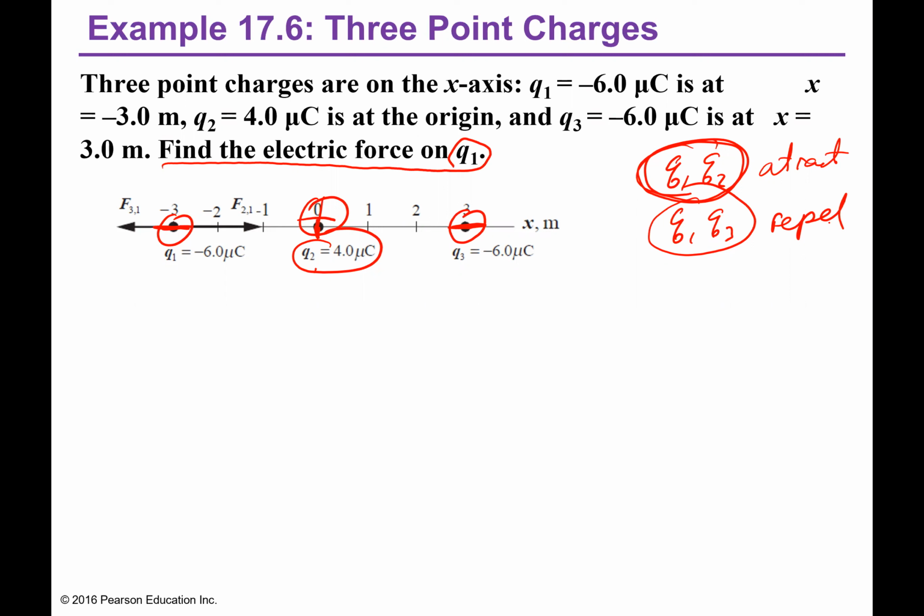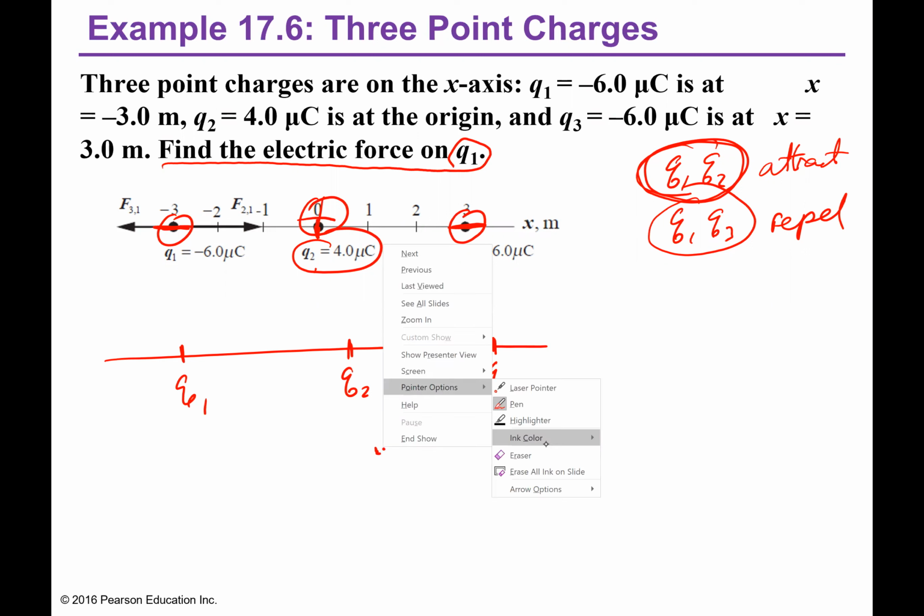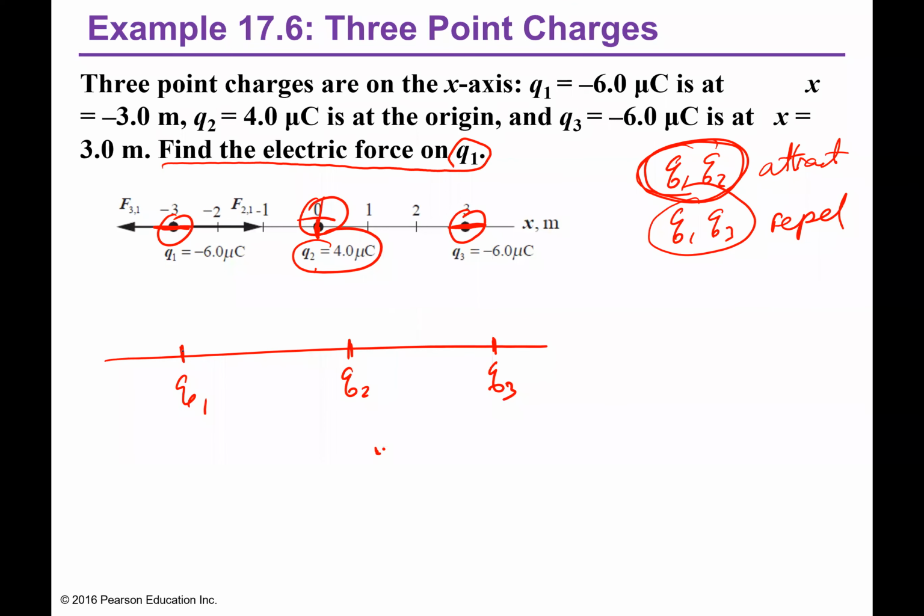So if this is Q1, this is Q2, this is Q3, then from the direction of the forces point of view, when I'm doing a free body diagram, here's my charge Q1, my charge of interest.